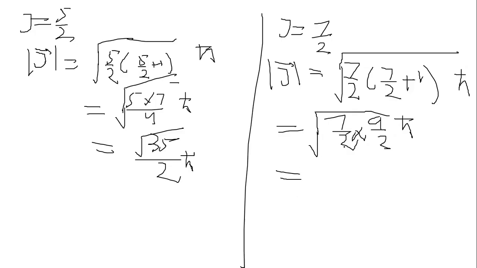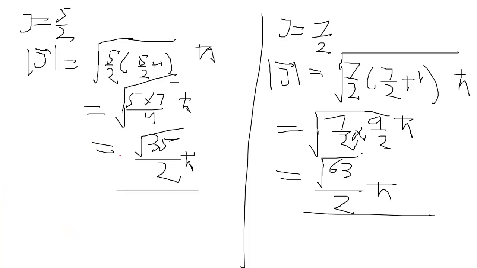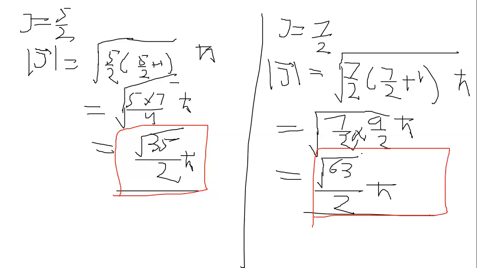It is root 63 by 2 h cross. So these are the two values. So for an F electron, the total angular momentum will be root 35 by 2 h cross and root 63 by 2 h cross.